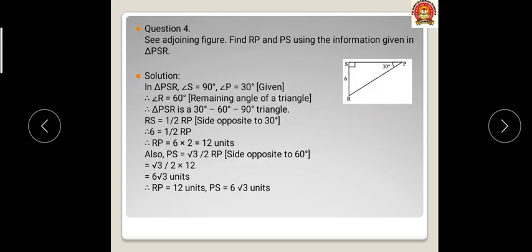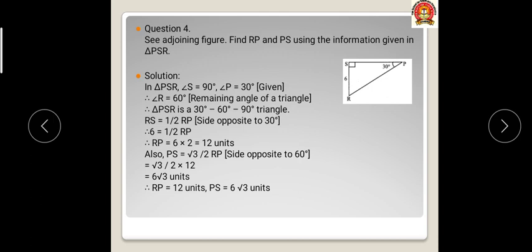Okay. Next. Now see the adjoining figure, students. Find RP and PS using the information given in triangle PSR. This S is 90 degree, this is 30 degree. Obviously the sum of the angles of a triangle is 180 degree. This is 90, this is 30. So what is R? Angle R is 60. So which property can you use here?